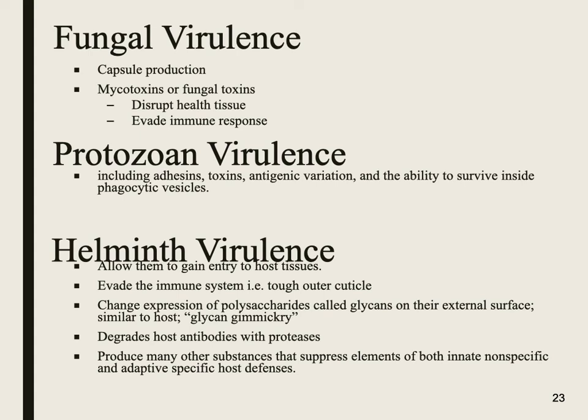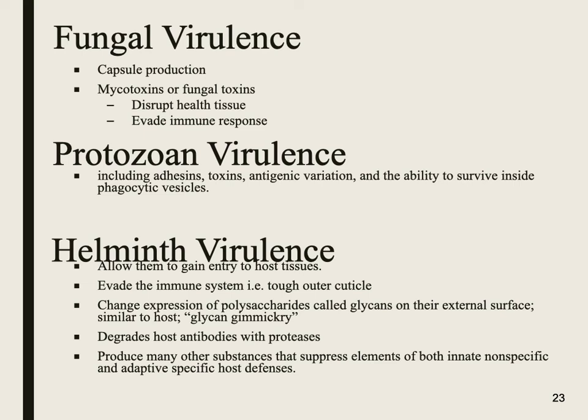And so, again, depending upon what the individual's been exposed to and what stage of the life cycle, it can affect whether you have a prior immune response to that. They also have the ability, especially in the cyst form, to survive inside phagocytic vesicles.